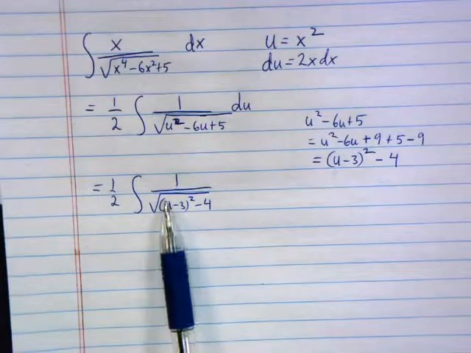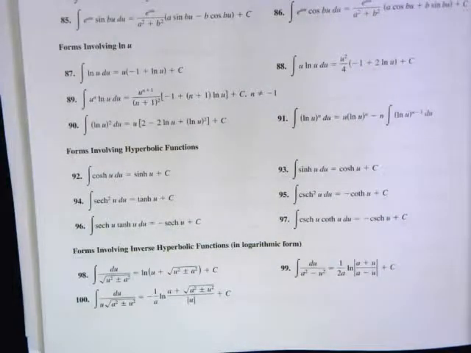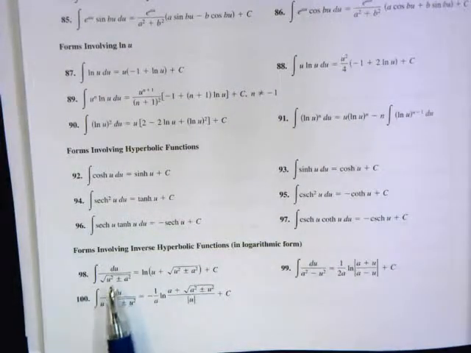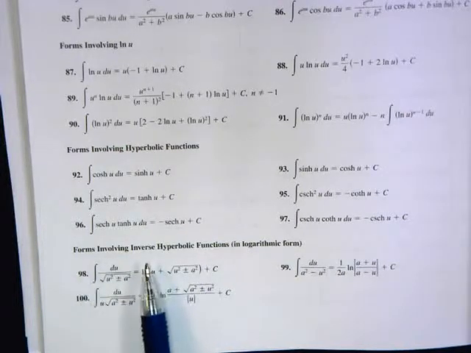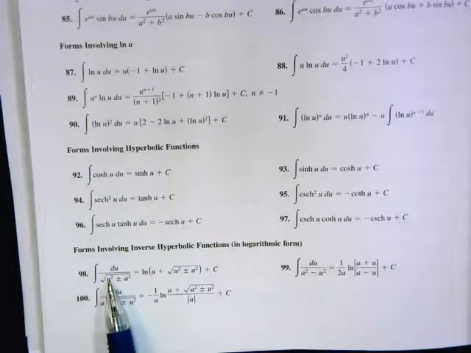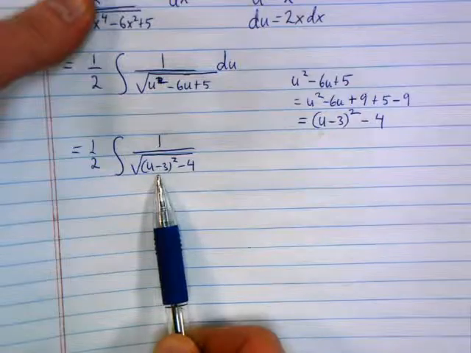I'm looking for u squared minus a squared with a square root over it. Okay. Hey, I found one. u squared minus a squared with a square root over it. Except we're not going to use u. We're actually going to have u minus 3 wherever we see the letter u.